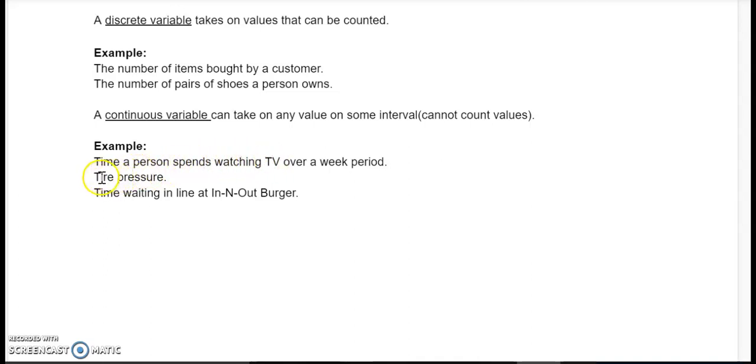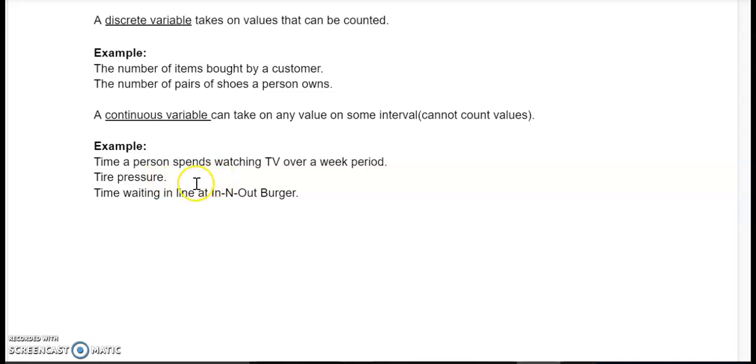Also, another example would be tire pressure, because, for example, you could have 32 pounds per square inch in your tires, but you could put more air in and could have any tire pressure between, say, 32 and 35, just a whole continuum. You couldn't count all the tire pressures in there.